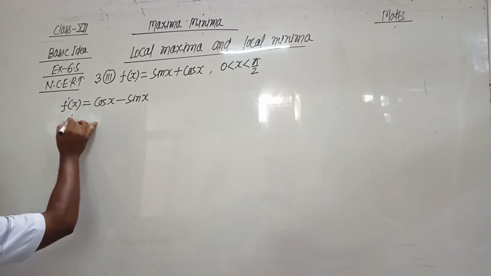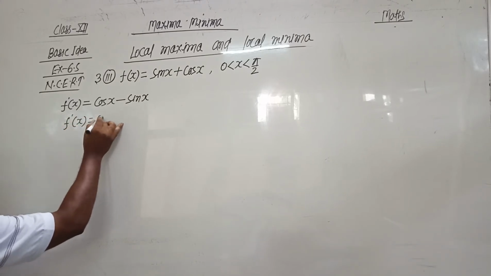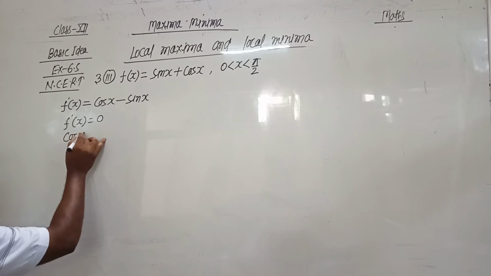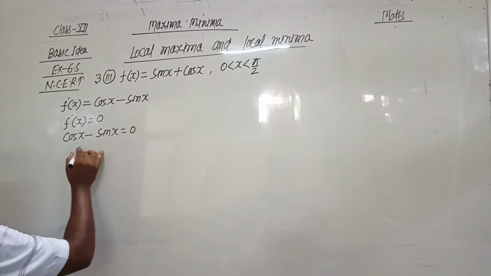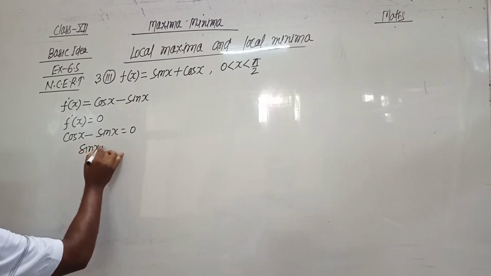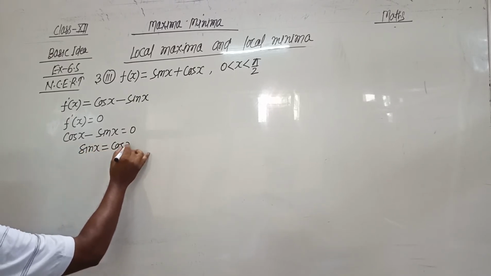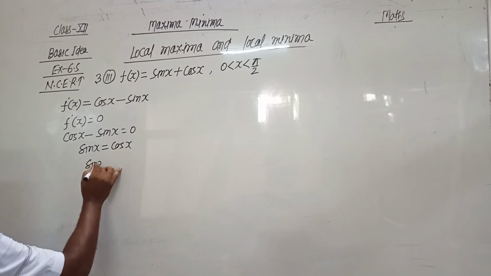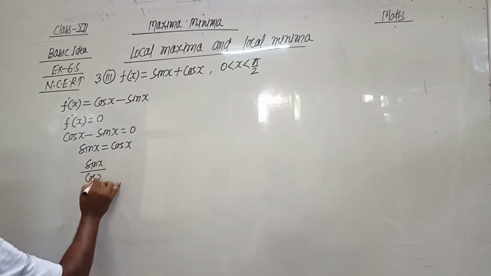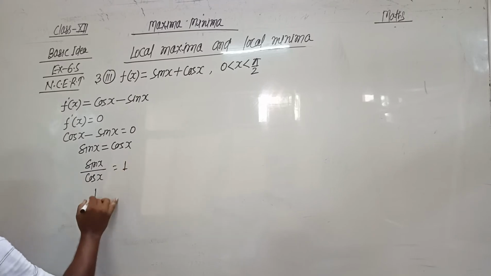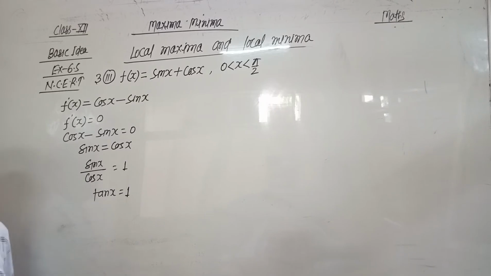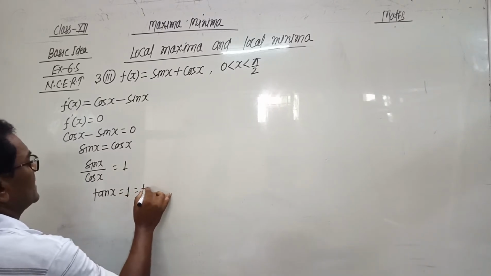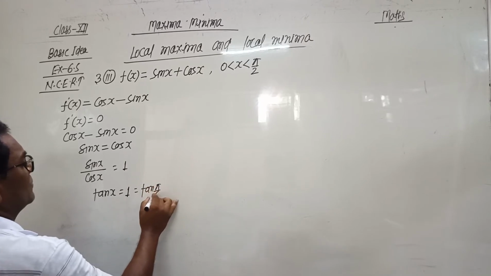Make f dash x equal to 0. So we get cos x minus sin x equals 0, and sin x equals cos x, so sin x upon cos x equals 1, then tan x equals 1, and the angle whose tan is 1 is pi by 4.